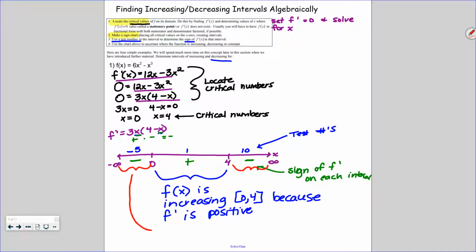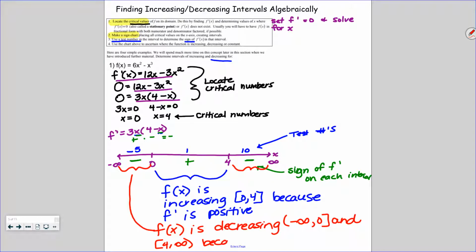So I can say that f is decreasing on the interval from negative infinity to 0 and also on the interval from 4 to infinity because that's where f prime is negative.